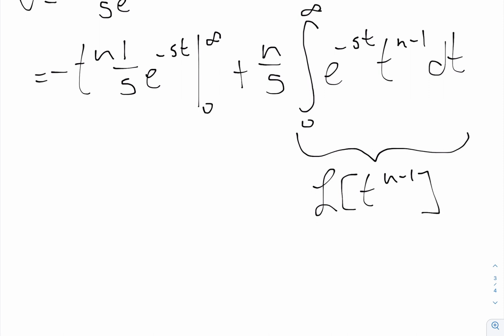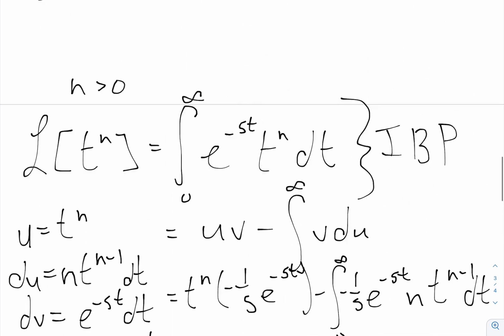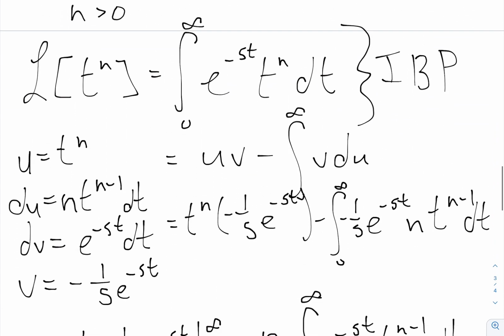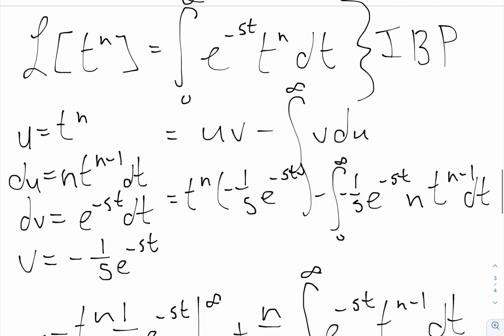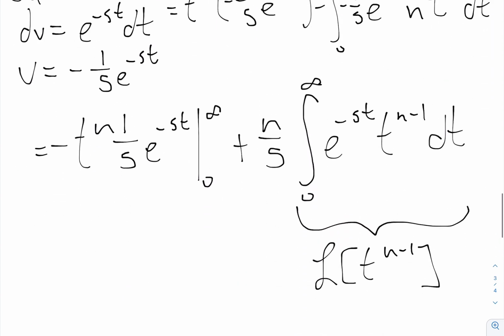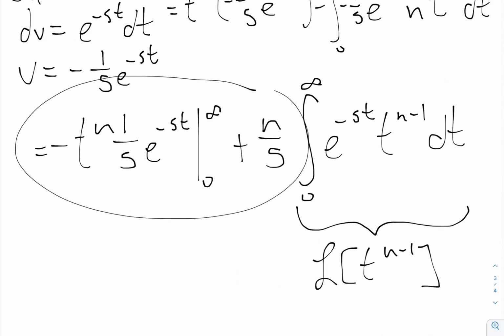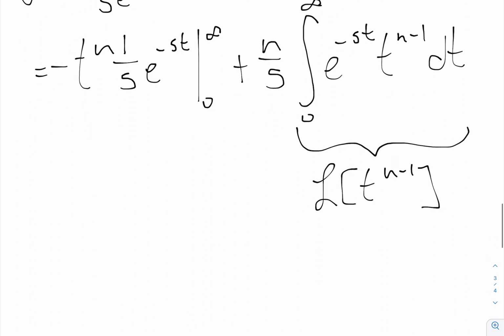That's kind of cool, because we started with the Laplace transform of t to the n, and we have a bunch of junk in front, and then we're left with the Laplace transform of t to the n minus 1. So there must be some kind of formula that we can work out with this, but let's just see where we go here.